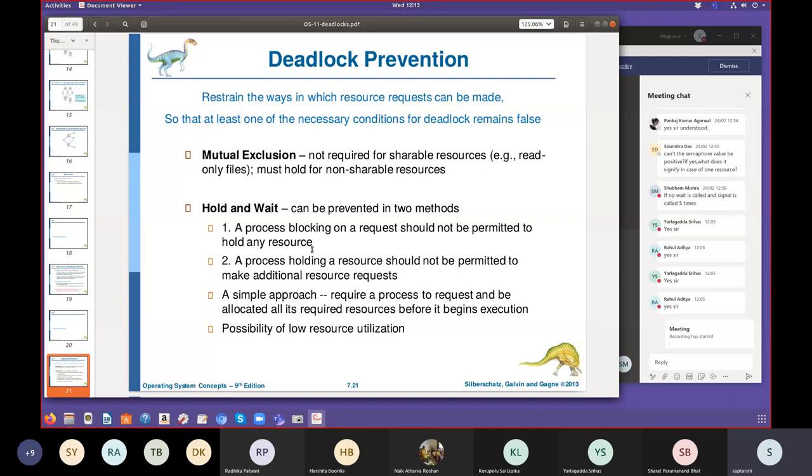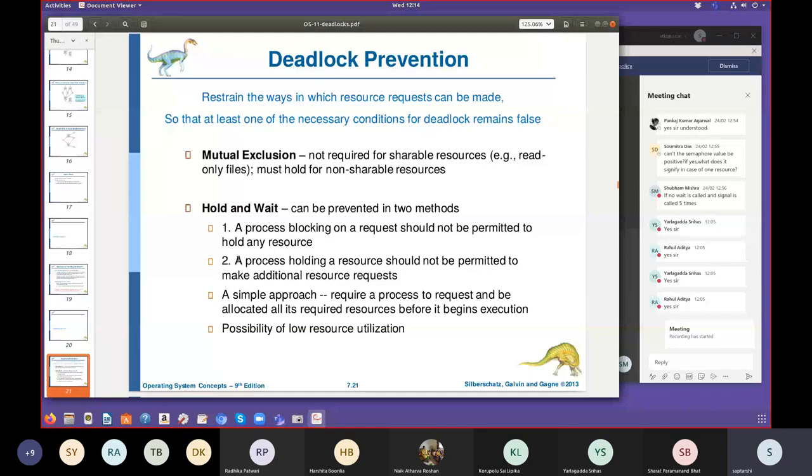Now it is requesting another resource R2. The OS figures out that R2 cannot be allocated right now, so this process must be blocked. Then why even allow it to continue holding R1? Rather free R1, so that it can be used by some other process.